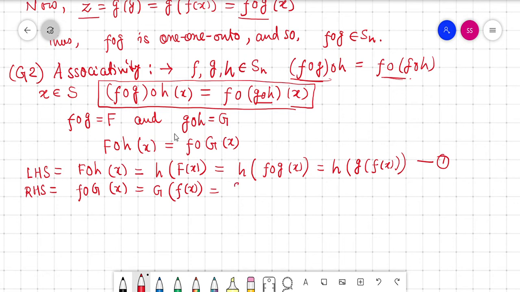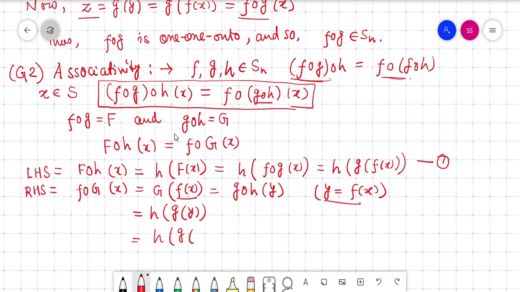G is G composition H of F of X. If you are not comfortable, you can assume this F of X as Y. So I write here Y is nothing but F of X. Again apply the definition of composition. You will get G composition H of Y is nothing but H of G of Y, which is H of G of F of X. Say it is equation 2.